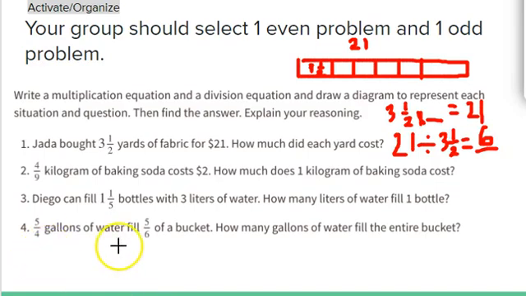Let's look at one more. 5/4 gallons of water will fill 5/6 of a bucket. That'd be a weird bucket. How many gallons of water fill the entire bucket? Okay, well, we know that 5/4 of a gallon will fill 5/6 of the bucket.